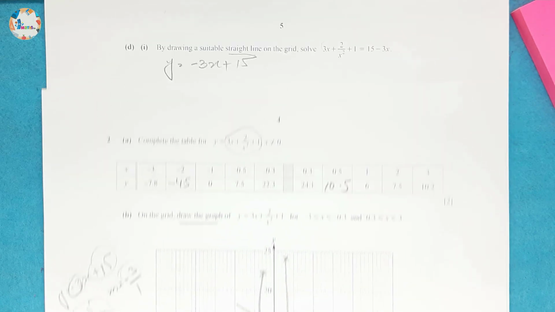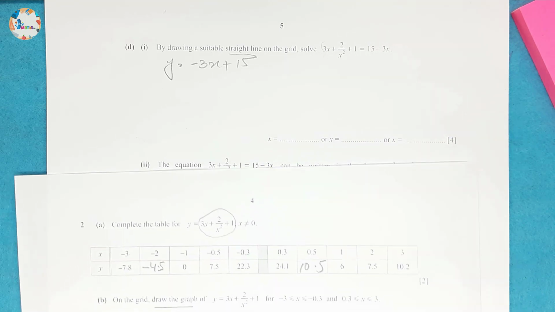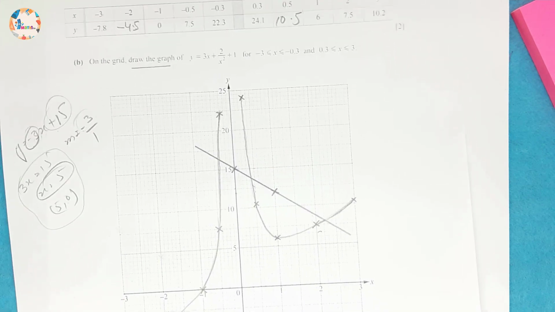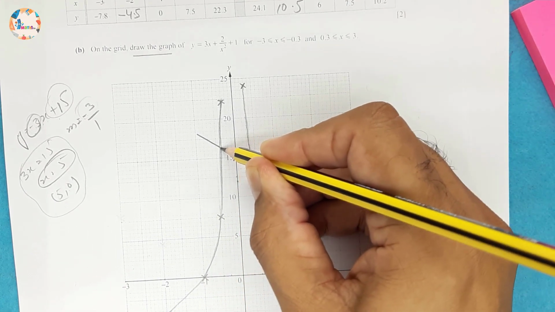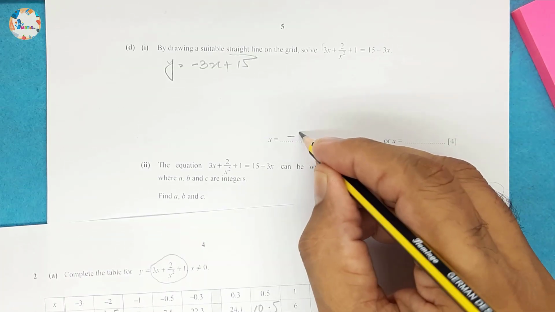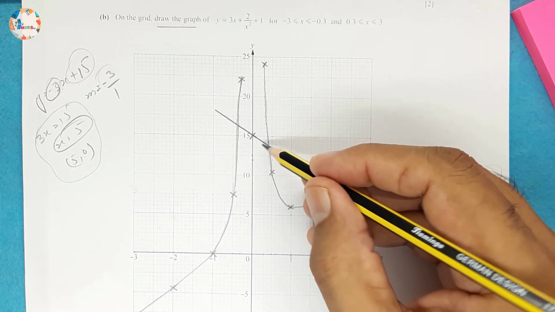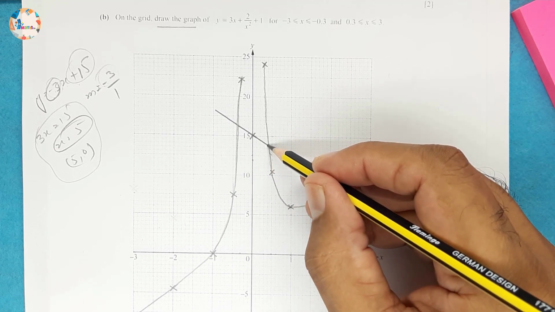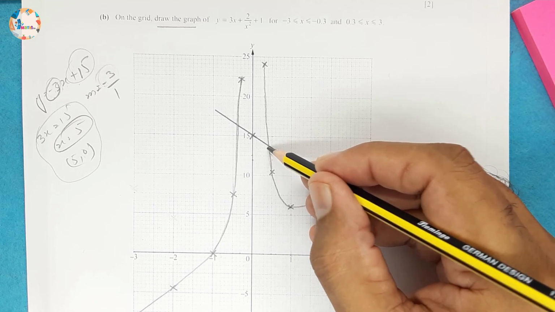And we have to provide the values of x. So 1, 2, 3 values of x. If we go through the first value of x, if we check from here, this will be minus 0.4. So first value will be minus 0.4. And the second value we can check, this is 0.35 or 0.1234.